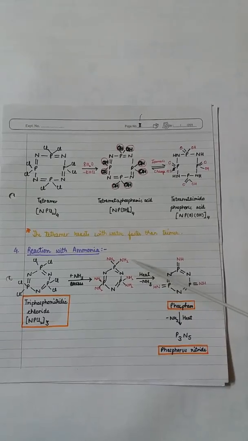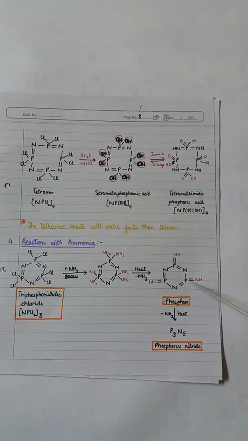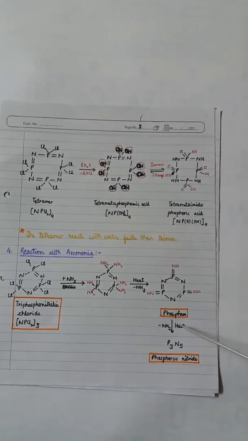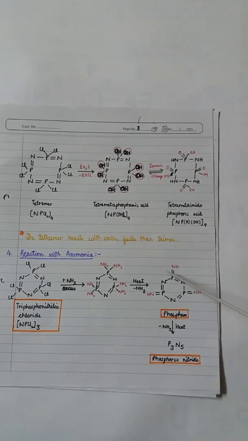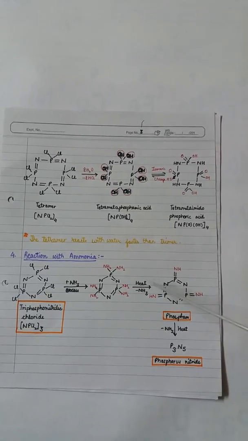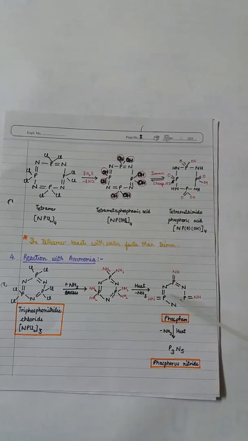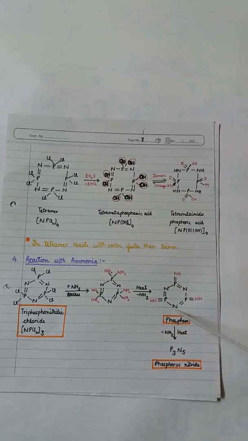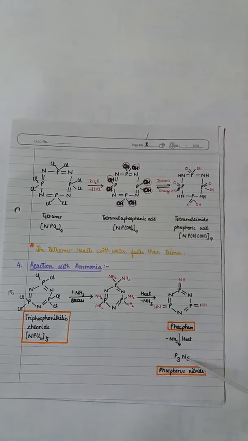One NH3 will be removed, and only a single NH will be present at all these positions, and further heating will lead to the formation of phosphorus nitride. This NH3 is separating at each point when we provide heat. So firstly here, then here, and at last what we get is phosphorus nitride.